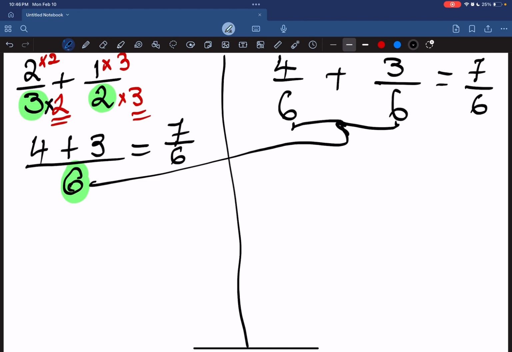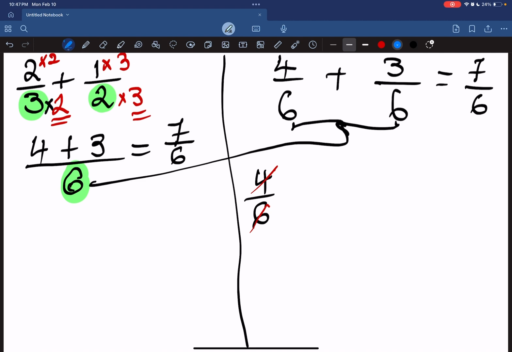And if you don't believe these are the same thing as these over here, let me show you. If we have 4 over 6 and I'm supposed to reduce this, what can go into both 4 and 6? 2.